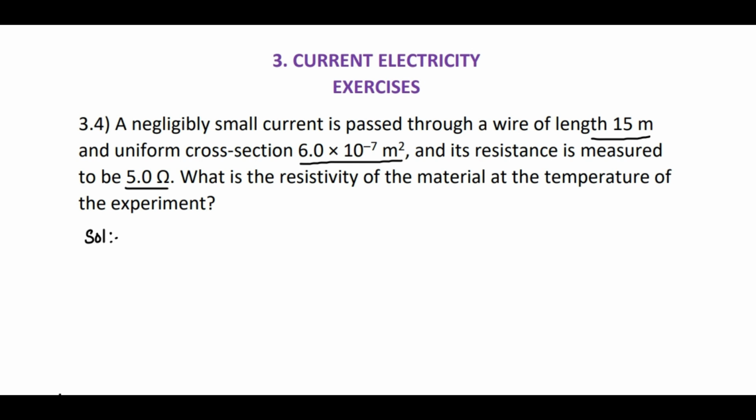Here is the given data. The length of the wire L is equal to 15 meter, and the area of cross section is 6.0 into 10 power minus 7 meter square, resistance is 5.0 ohm.